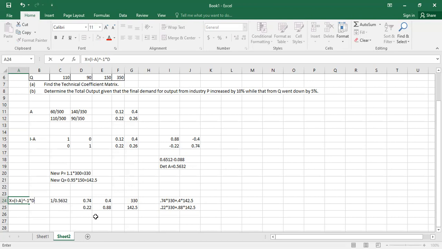We are getting the Leontief matrix, and then we are multiplying by the new demand, all the evaluated changes in the final demand, that which increased by 10% and went down by 5%. What are you getting?